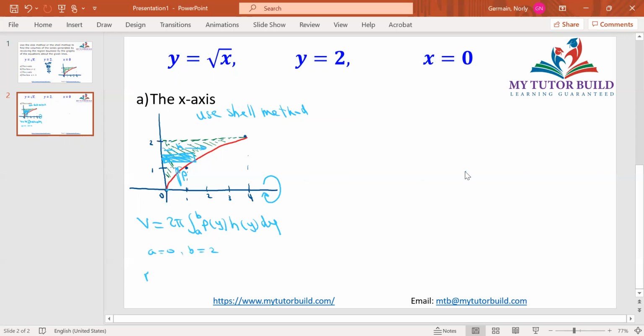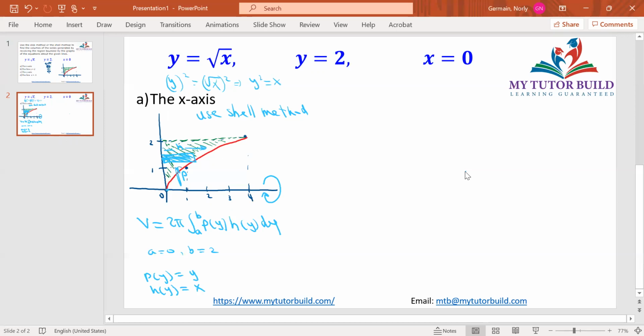What is p of y? p of y in this case would simply be y. That would be the y value, and h of y would be the x. So what is x? From y equals square root of x, if you raise y to the power 2 and you raise square root of x to the power 2, you end up having y squared equals x.